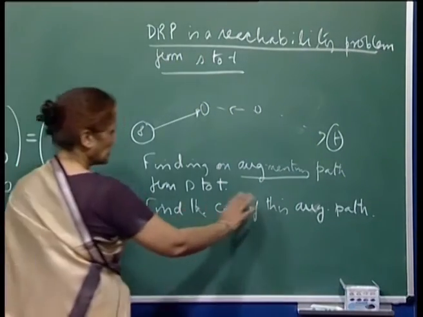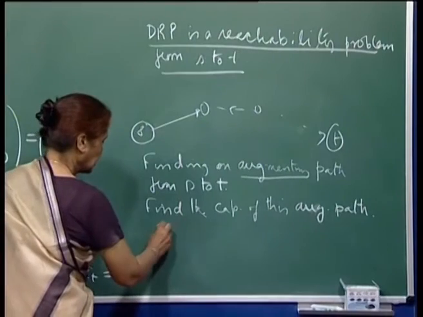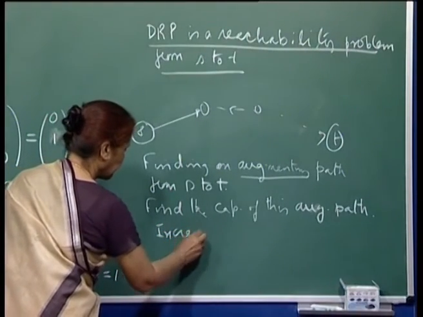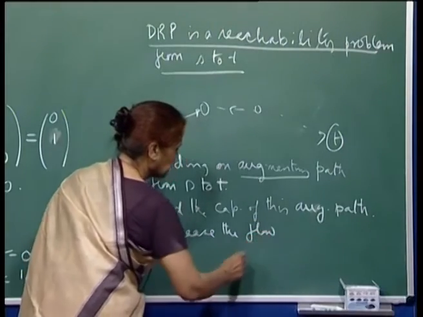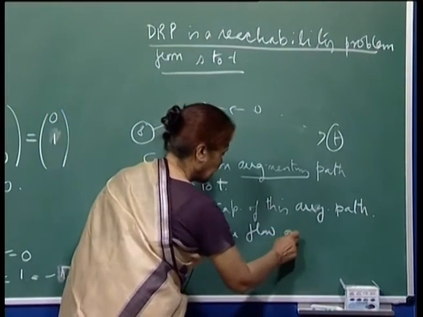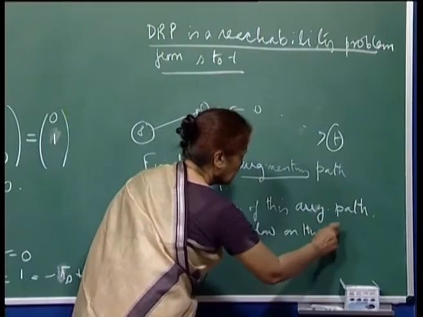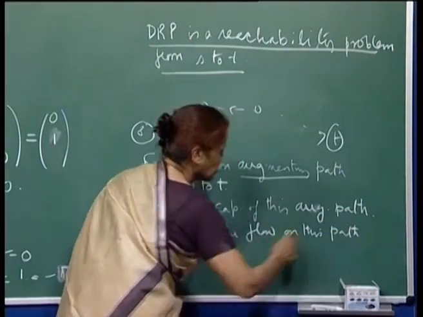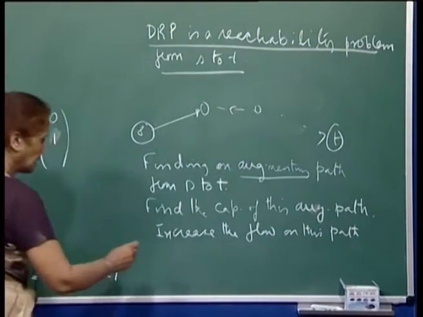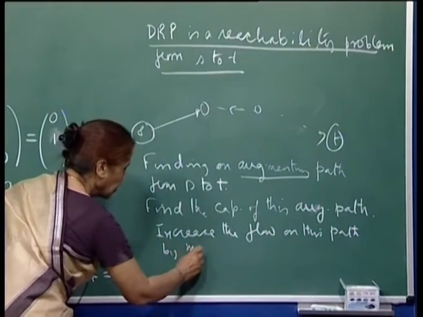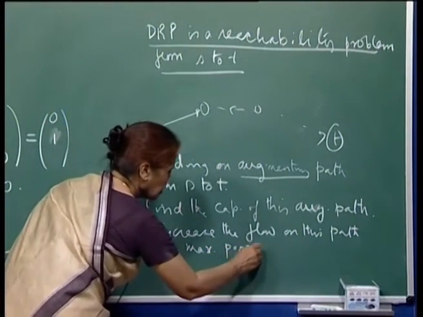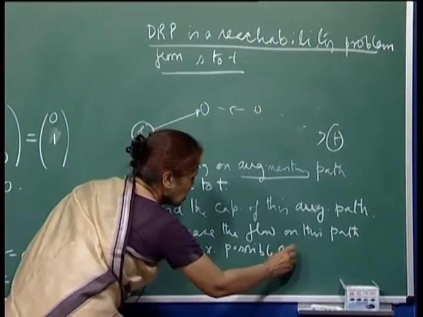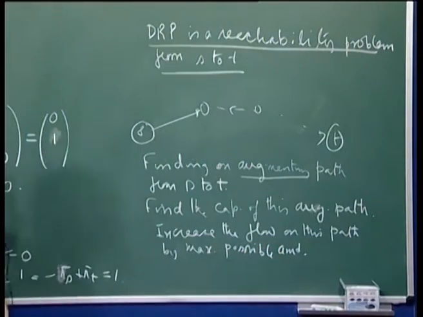So, find the capacity of this augmenting path and increase the flow on this path by that amount, by the maximum possible amount, right. So, I find the capacity.